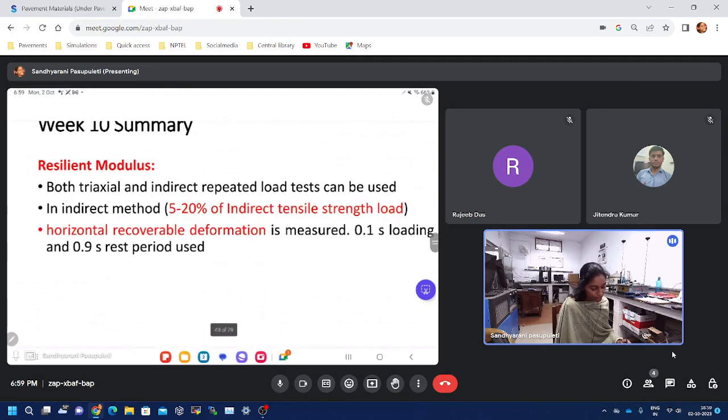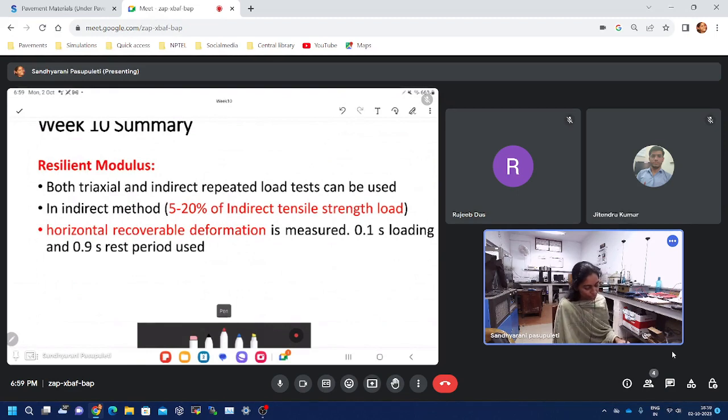In addition to that, we also have other experiments like the resilient modulus test. As we have already discussed in previous classes, how do we calculate the resilient modulus? Let us say there is a load applied on the asphalt pavement. Then what happens if you remove the load? Here you have started the load, and deformation started increasing.